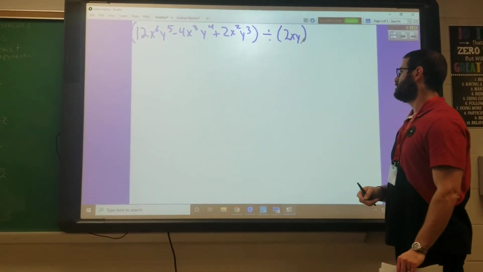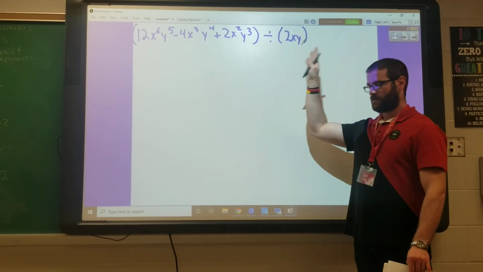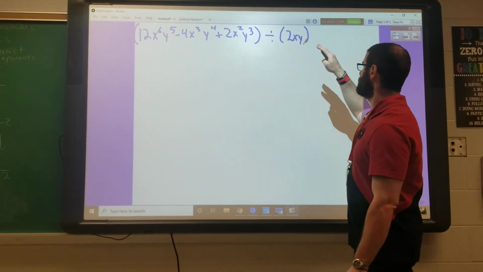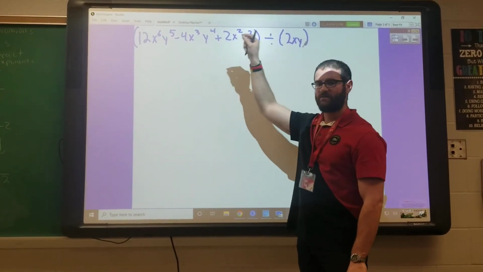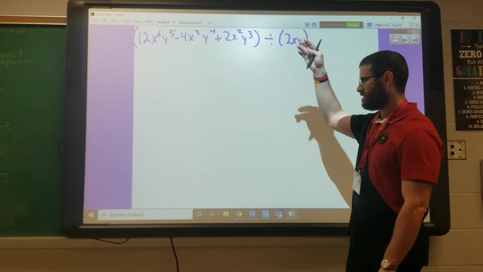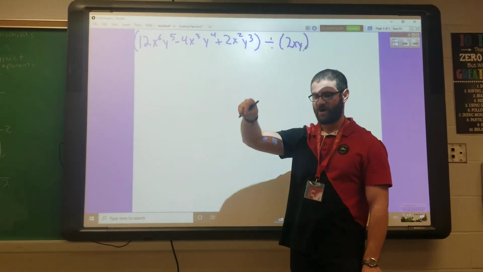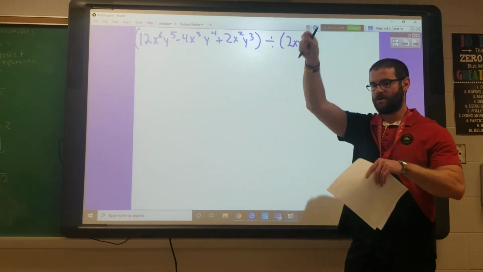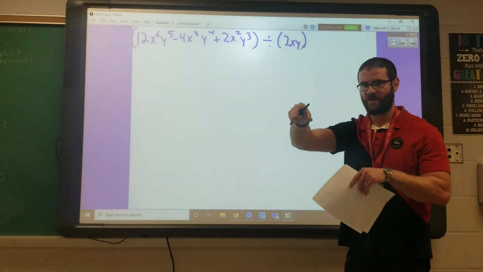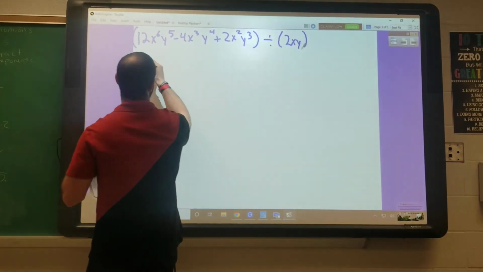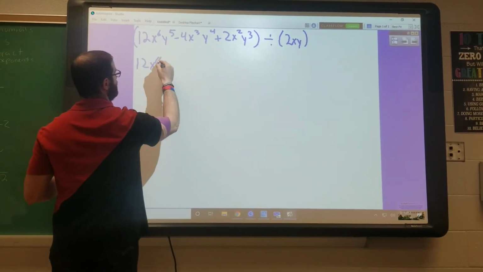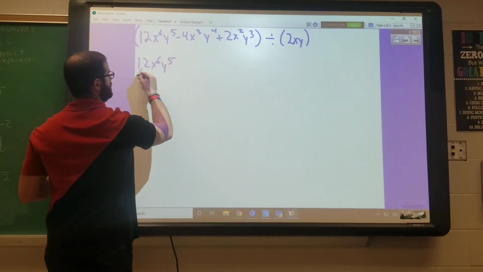So again, we're going to follow our same strategy here. Remember, we want to make sure we're dividing the x's by the x's and the y's by the y's, because our rule for subtracting exponents only works if we're subtracting exponent terms that have the same base.